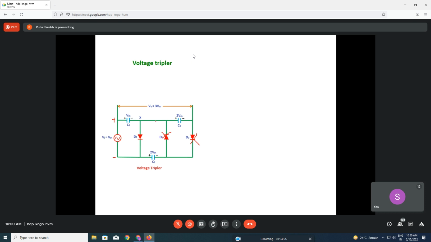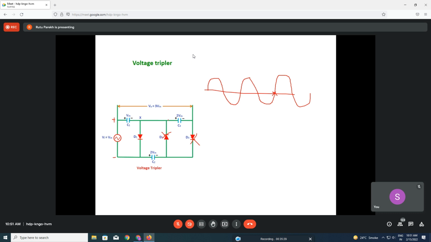Because the battery is only giving VM voltage and the capacitor only needs it. Okay, C1, listen. Let me tell you. See, now this cycle is repeating. So now let us think that you are at the third cycle. When you are here, what will be the voltage of this circuit? 0.